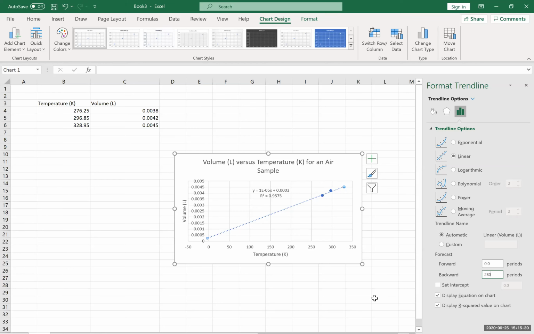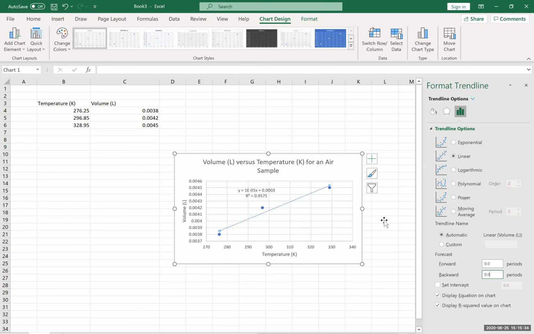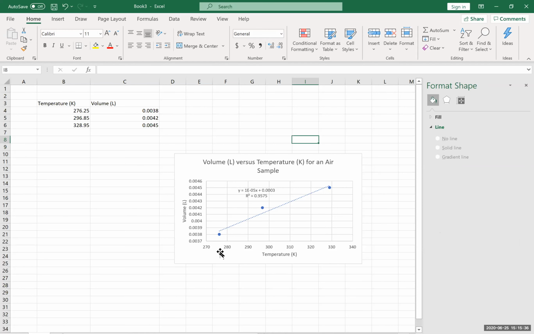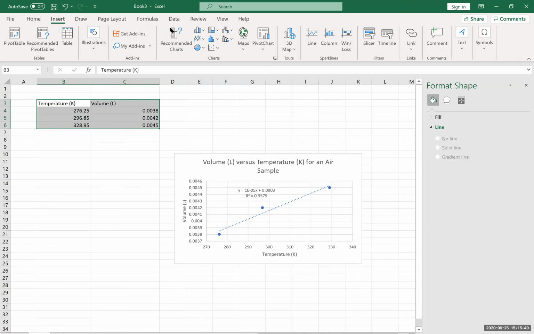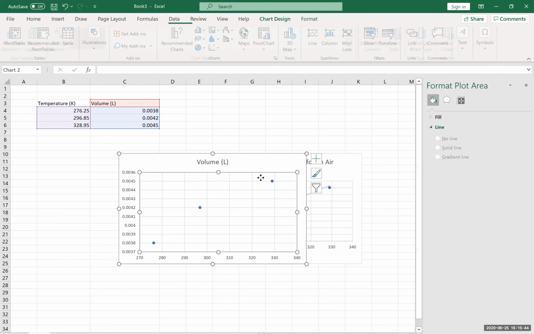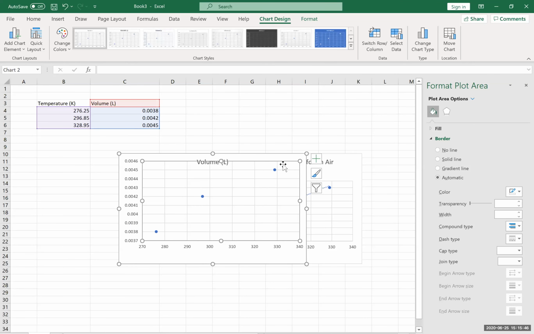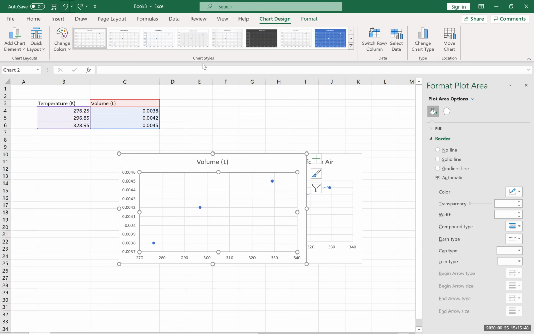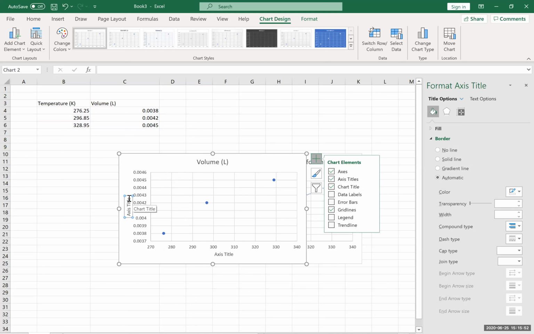Can you explain how you did that again, please? Yep. So let's pretend we're starting from scratch. You're going to select our data. We go to insert, click on the scatter, and insert our scatter. Then, whoops, let me hit undo really quickly. Then we add our axis titles.